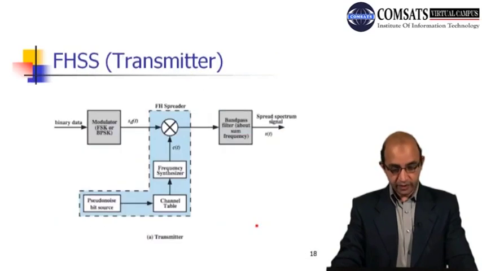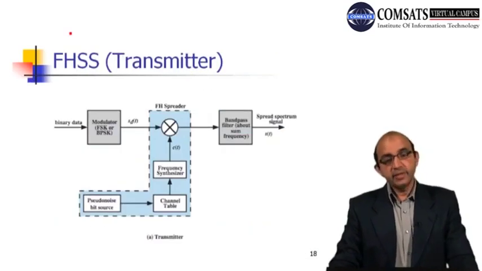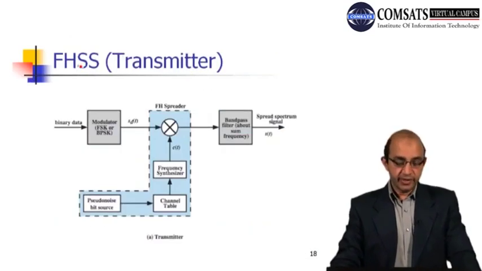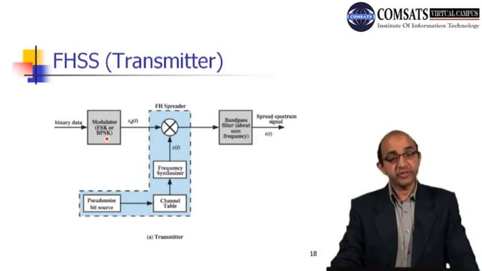Here is the transmitter design for frequency hopping spread spectrum. You can see the binary data modulator, and we can use frequency shift keying or binary phase shift keying. After the modulation, here we have the modulated data, and here is the spreader.